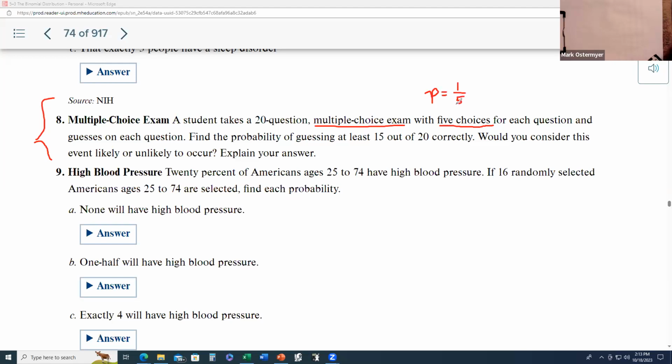So what's the probability of a failure? That'll be 1 minus P, 1 minus 1/5, which is 4/5. So you got 4 out of 5 chances of not guessing one of these questions correct. And you got 1 out of 5 chances of correctly guessing any question. Okay, go ahead now that you're armed with that and see if you can do number 8 there.